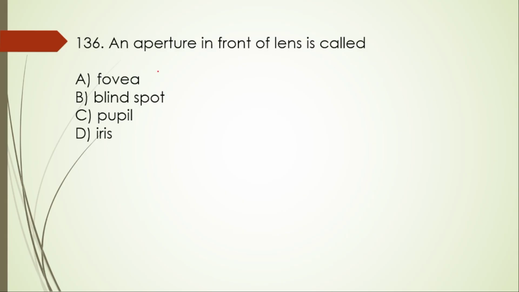An aperture in the front of the lens is called fovea, blind spot, pupil, iris. Here the right option is pupil. This is the opening in the center of the iris that allows the light to strike the lens and reach the retina.